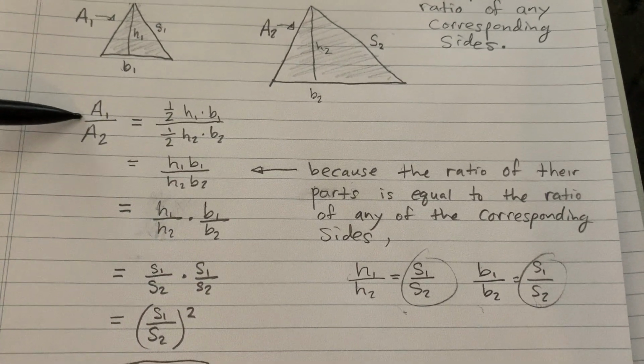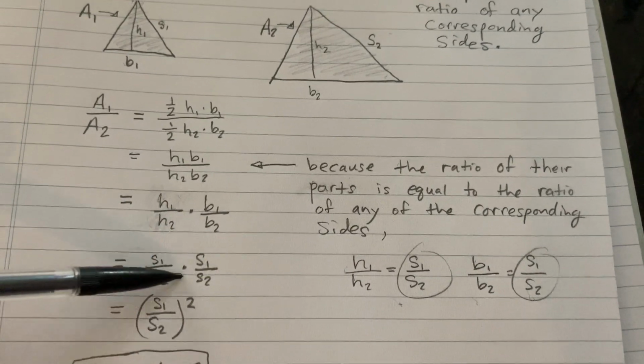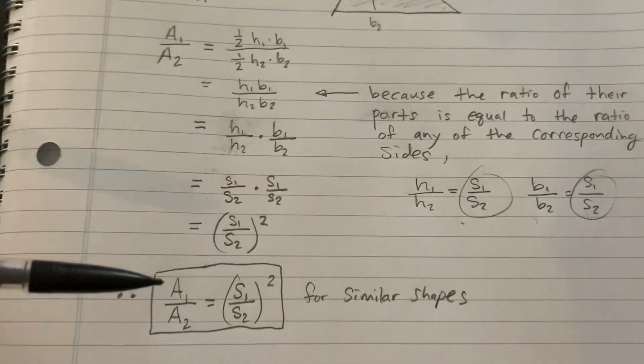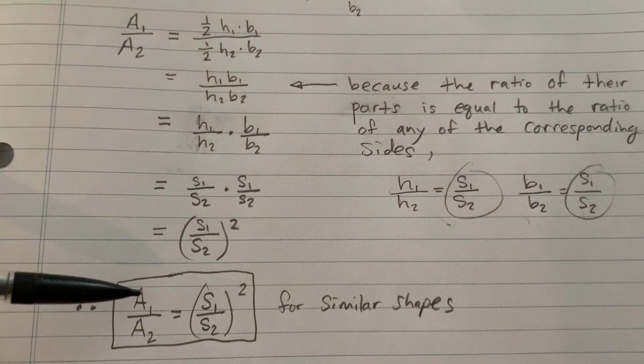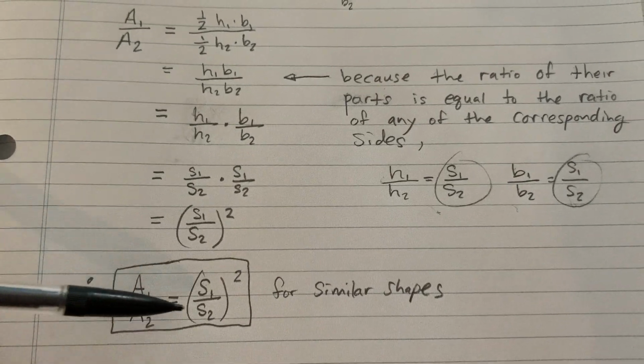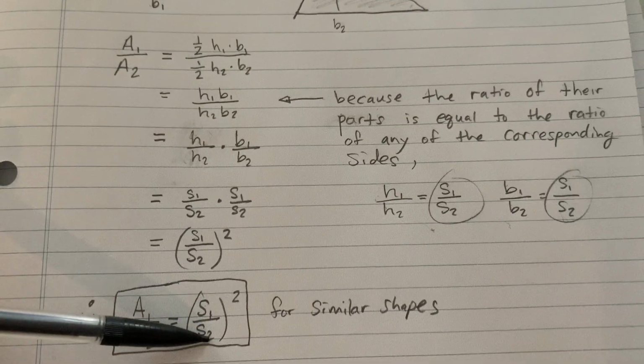And then the ratio of the areas is going to be, when you multiply these, S1 over S2 squared. And so the takeaway is, if you have similar shapes, then the ratio of their areas is equal to the square of the ratio of any of their corresponding sides.